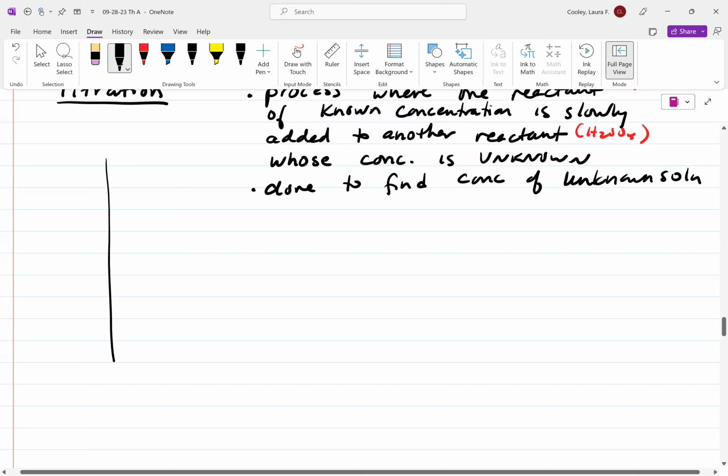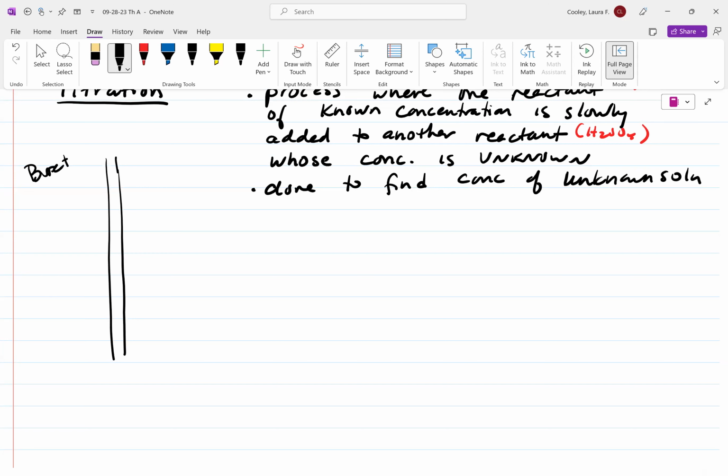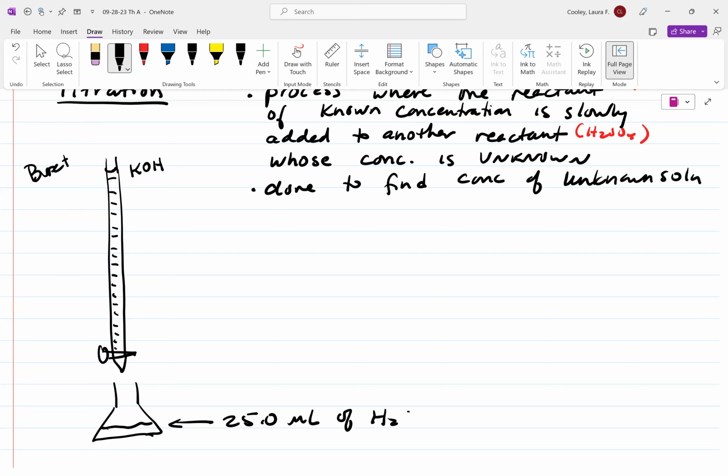So the way it's done is you have this thing. This thing is called a burette. Did you use a burette this week? Yeah, well, those of you who haven't had lab yet, maybe you've never seen one. It's this calibrated long skinny tube. And in the tube, we would have the KOH, okay? Over here, we have an Erlenmeyer flask, and in it, we have 25 milliliters of the H2SO4 solution, okay?